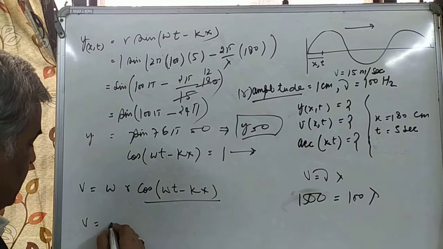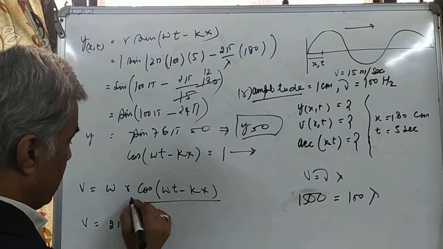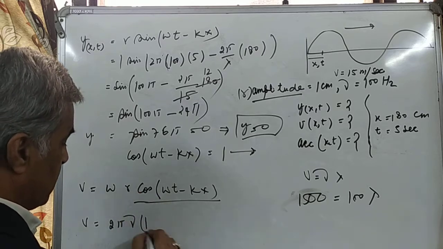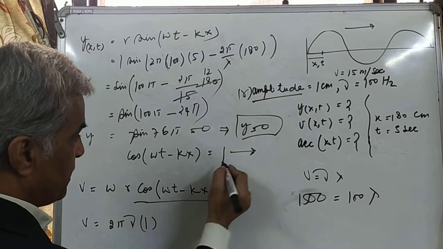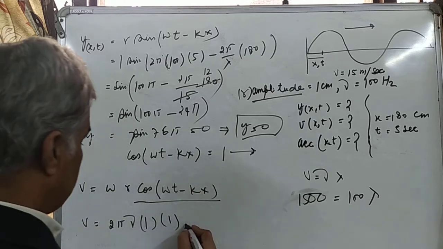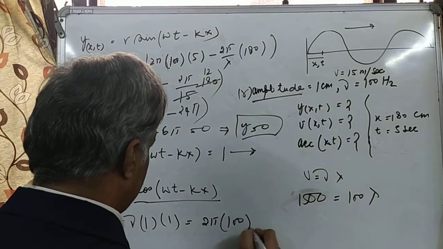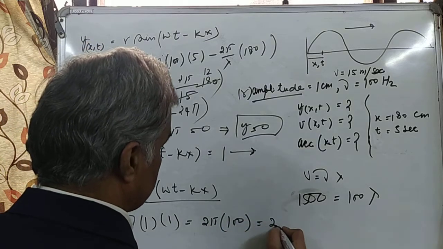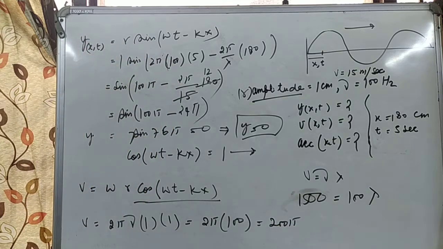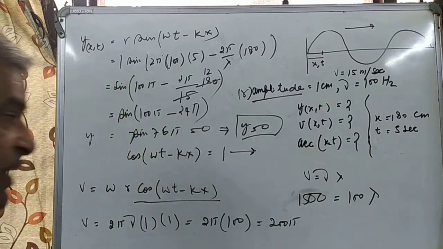Velocity v equals omega, which is 2 pi nu, times r, which is 1, times cos(omega t minus kx), which is 1. So 2 pi nu is 2 pi times 100 into 1, it is 200 pi. This is the velocity.